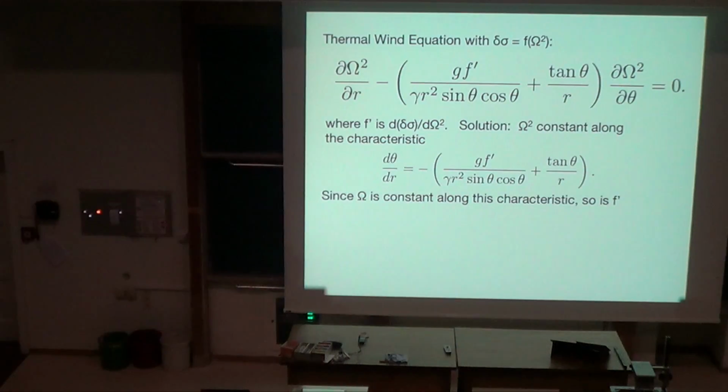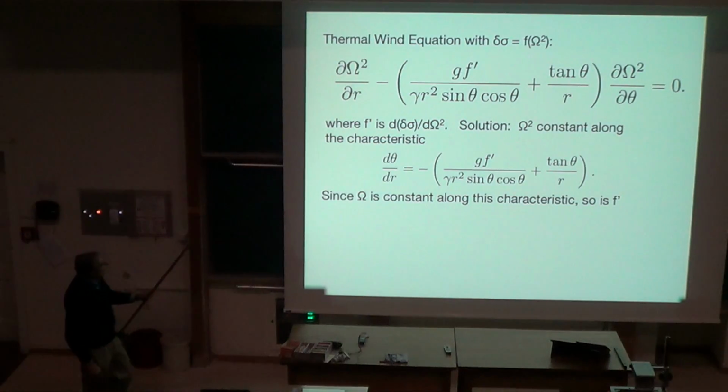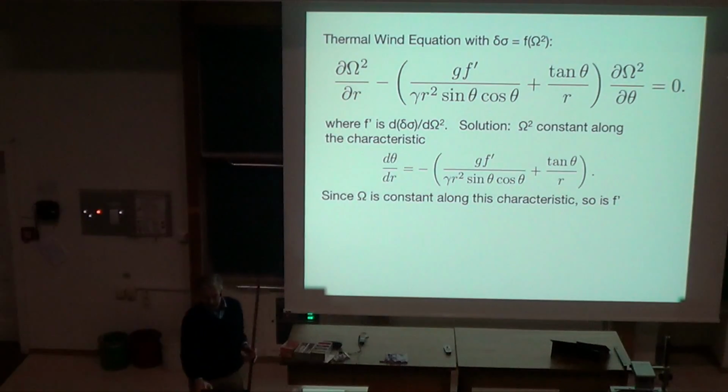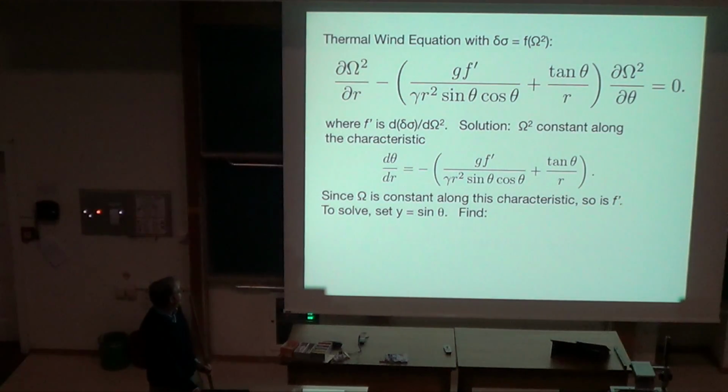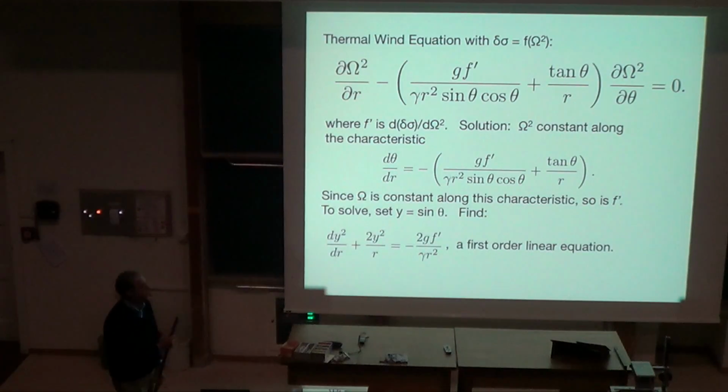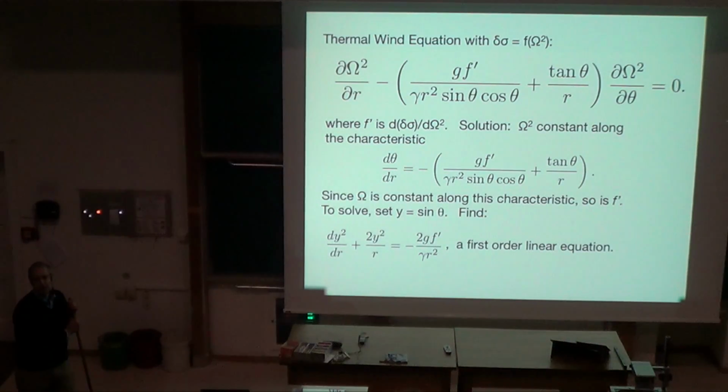So f prime, for purposes of solving that ordinary differential equation, is simply a constant, which is good. This equation looks a little scary, but in fact, it's the only time in my research where something has turned into a textbook problem. He simply said y equal to sine theta, and this reduces then to a first order linear ordinary differential equation, the kind that you learned when you were still in diapers.